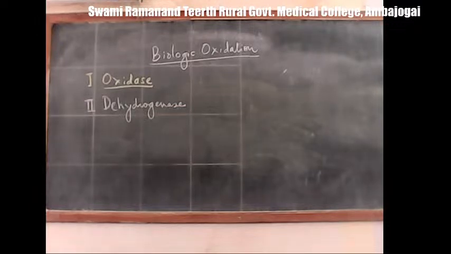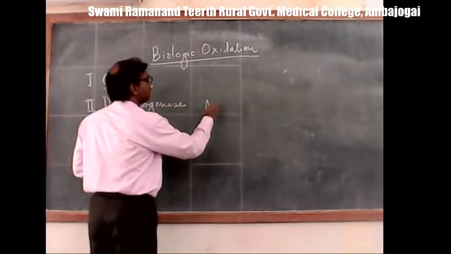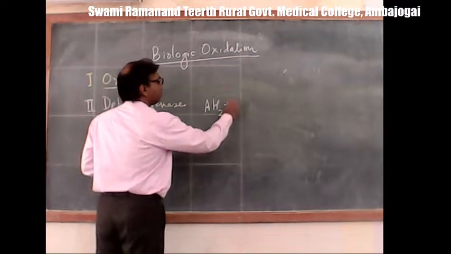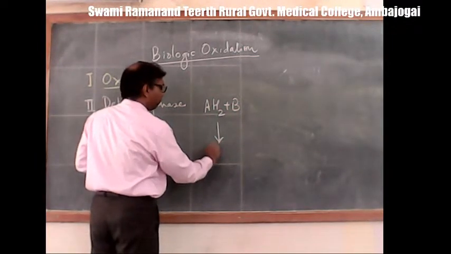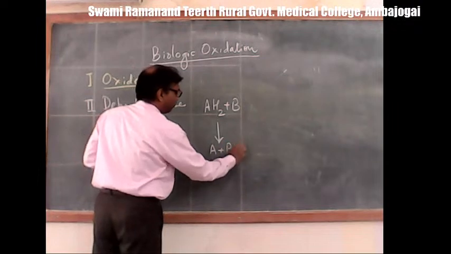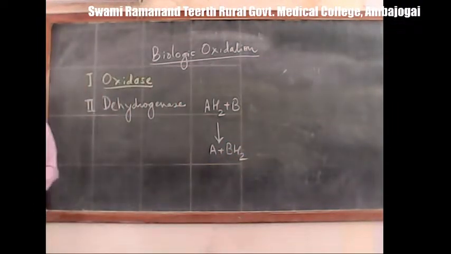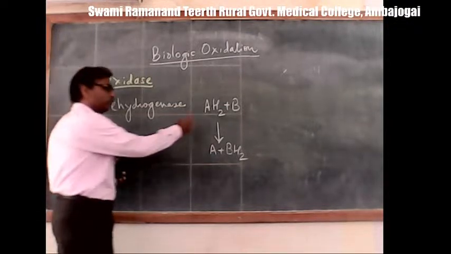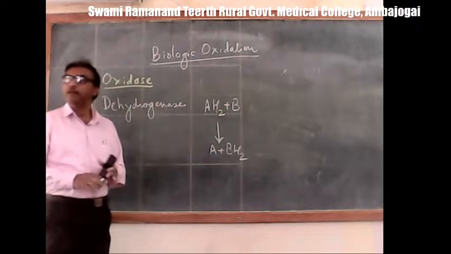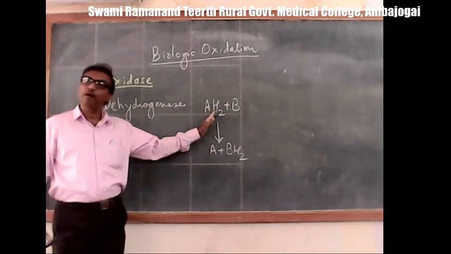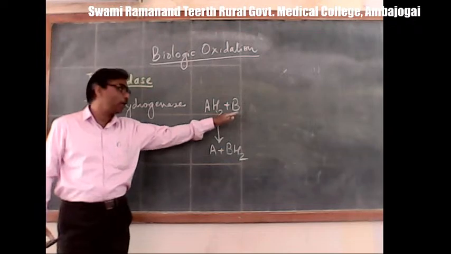So whenever one substrate donates hydrogen, it gets oxidized. So what does a dehydrogenase do? This is a simple thing that occurs. Okay? Just removal of hydrogen. So one substrate gives hydrogen, another accepts.